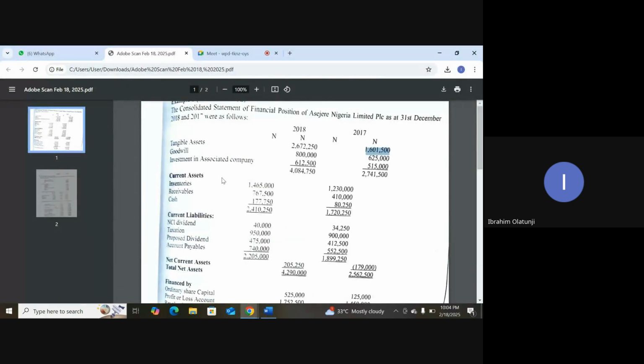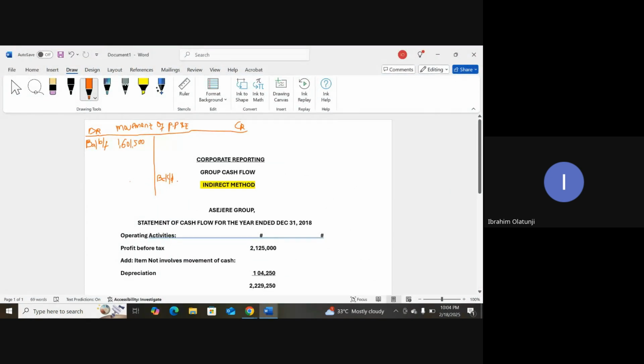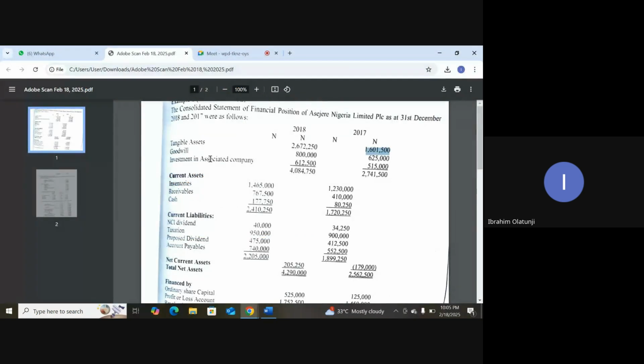What's the balance carried down? 2,672,250. Then we are done with that.